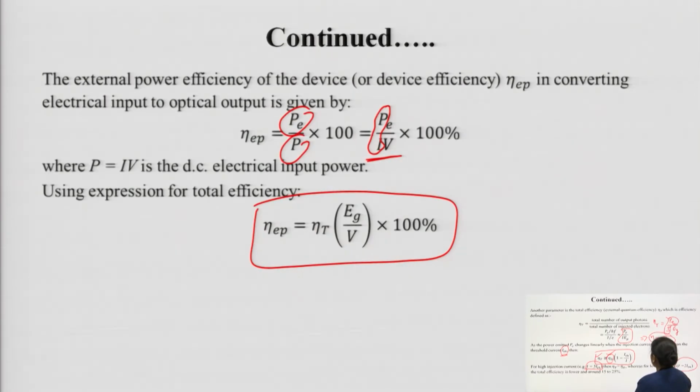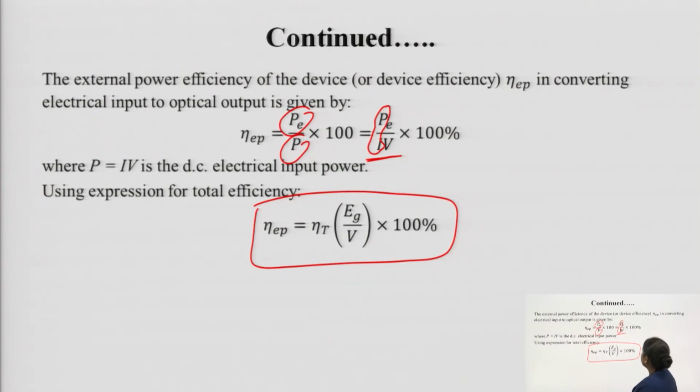So, we can substitute this in this equation: P by IV is equal to ηT into Eg, with V the same in the denominator.